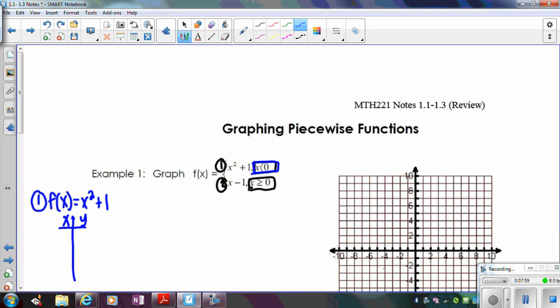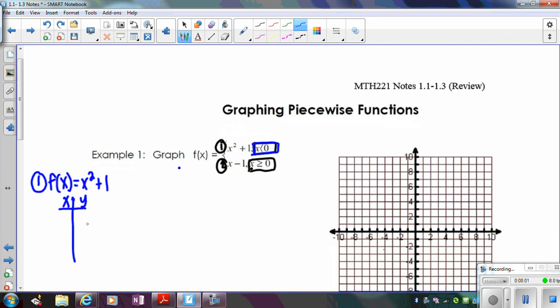So when I start my table for my graph, I need to start at 0. I'm going to put an open circle at 0, because I don't want to include 0, but I want to go all the way close to 0. And then I need all the x values that are less than 0: negative 1, negative 2, negative 3, and so on.